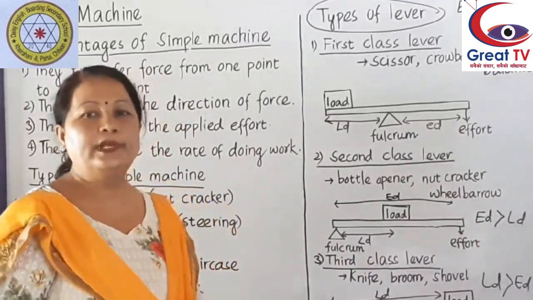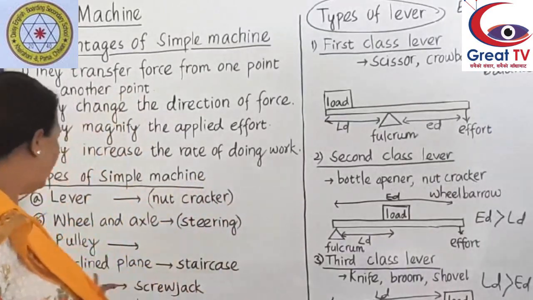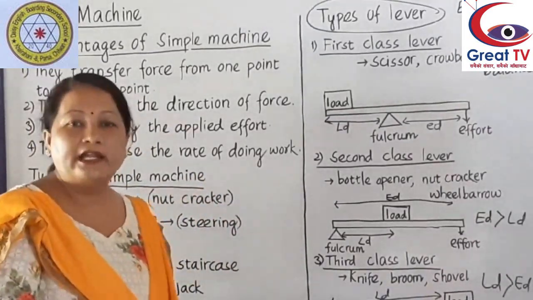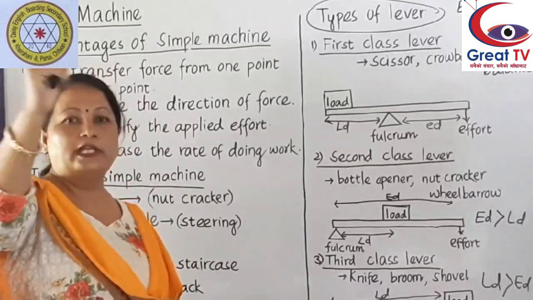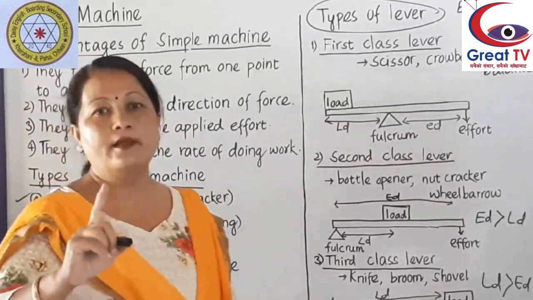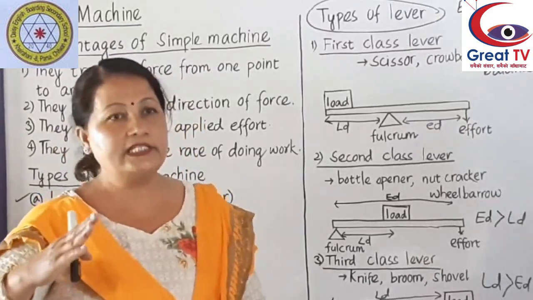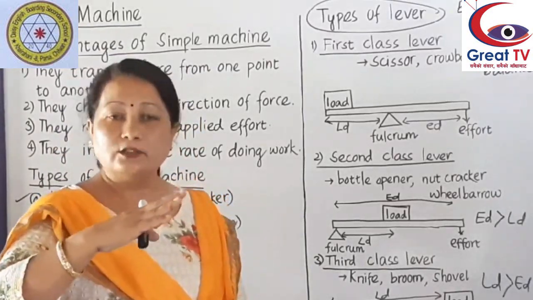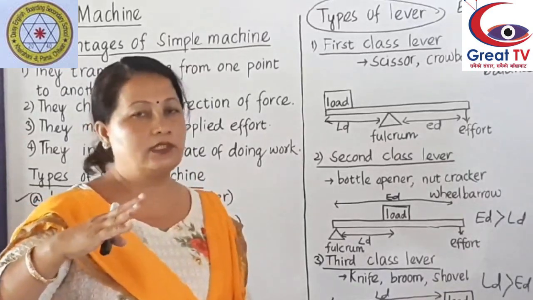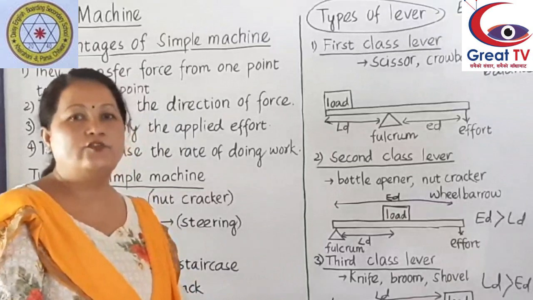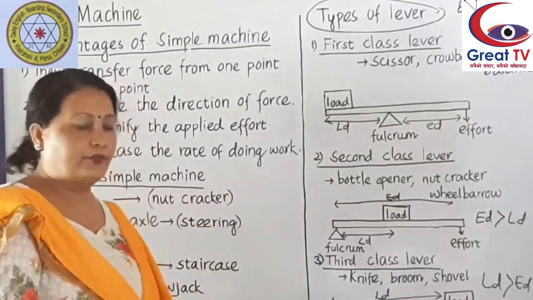A slanted surface is called inclined plane. For example, staircase, ladder, winding roads on hills. Winding roads are made on hills to make the surface inclined and to increase effort distance, which magnifies the applied effort.